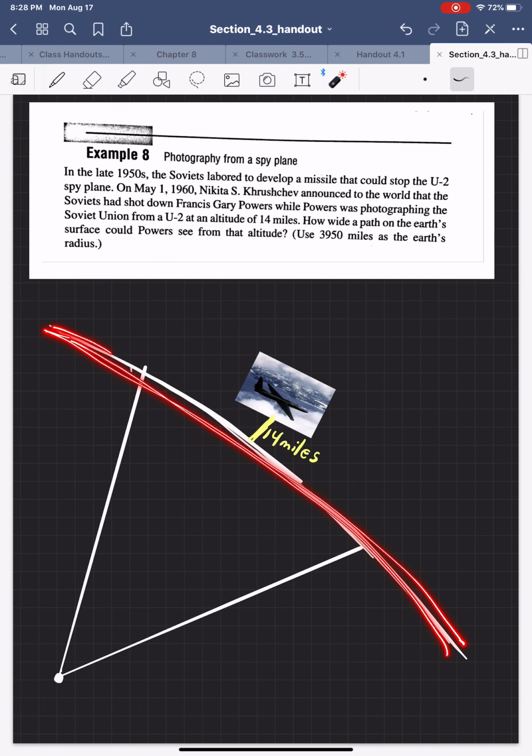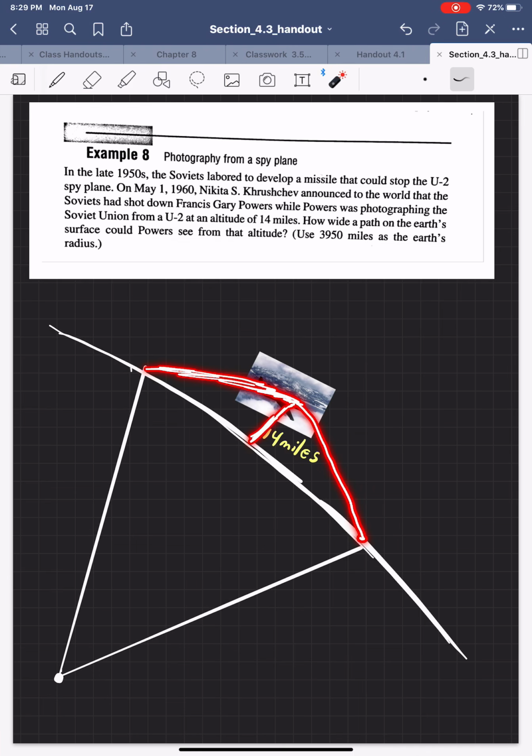But the question is very simple. So from 14 miles up, you can imagine that your plane is photographing, and what we'll assume is that it can take photographs from behind as well as in front.